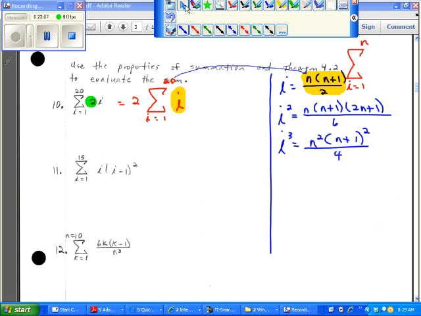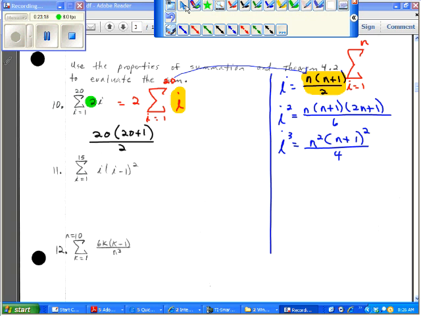And so what I'm going to have then is n, which is 20, times n, which is 20, plus 1 over 2, okay? So we got that. But we have what? That's just the i part. So when we do this summation, the sum as i runs from 1 to 20 of i, my upper bound n is 20.